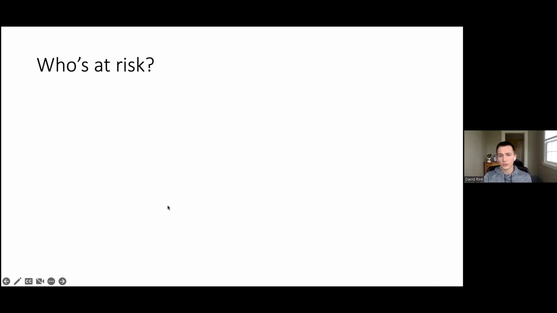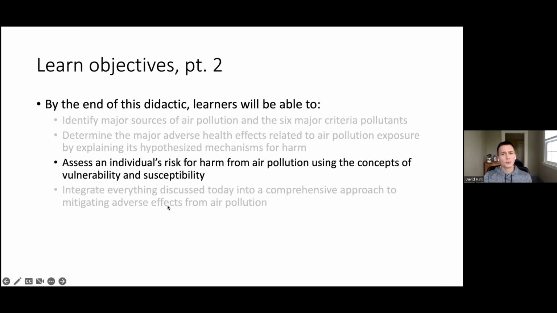And while there are no known safe levels of exposure per se, nor are there any populations who are immune, I think like many things, there are significant disparities in exposure and adverse outcomes. So to that end, I think it's important to understand the concepts of vulnerability and susceptibility so that we can contextualize an individual's risk for harm.